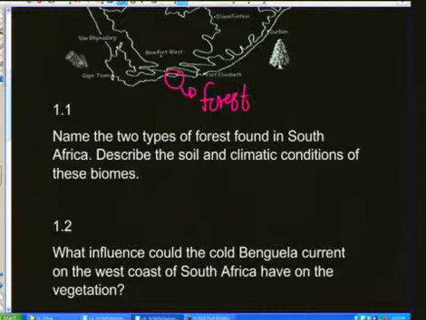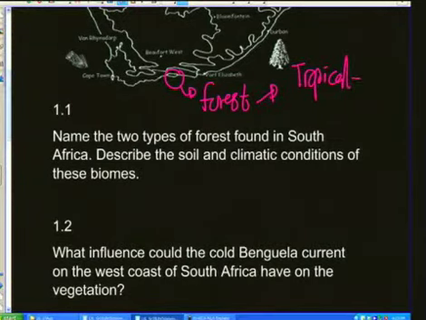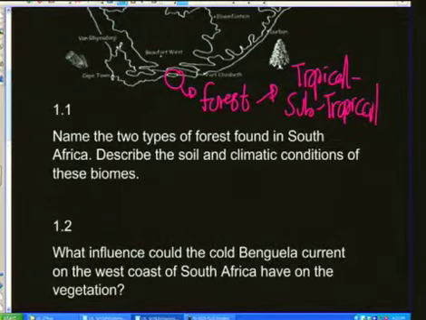When it came to the forest, we have 2 types. We have your tropical, and we've got the subtropical. You don't have to describe the conditions for all of those.